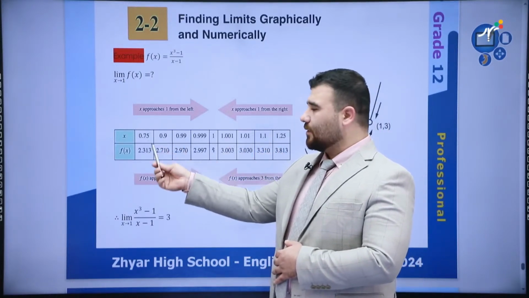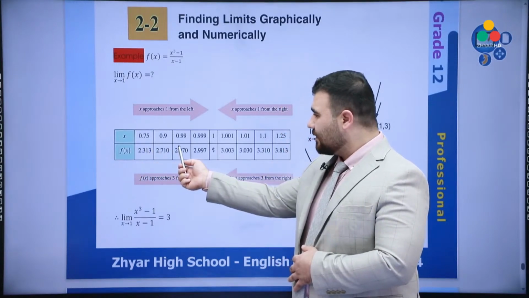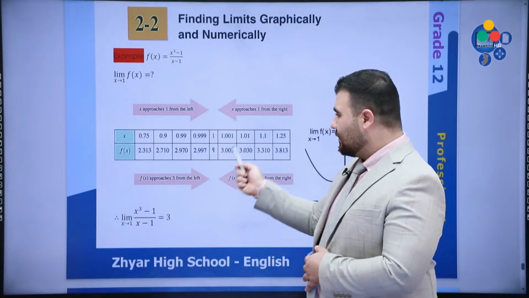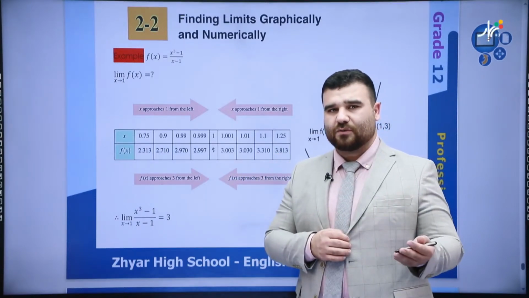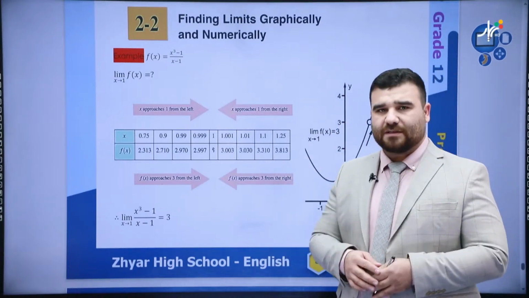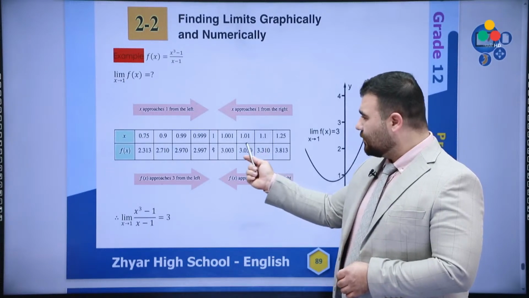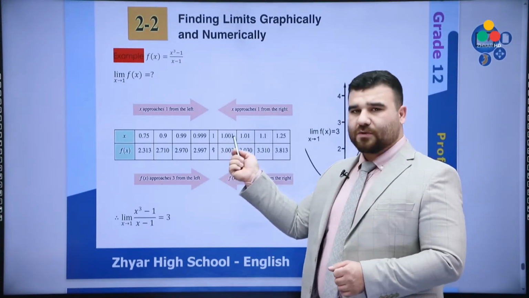On the left side of 1, we have these numbers: 0.75, 0.9, 0.99. We get very close to 1. And on the other side, approaching 1 on the right side means getting closer through numbers like 1.1, 1.01, 1.001.